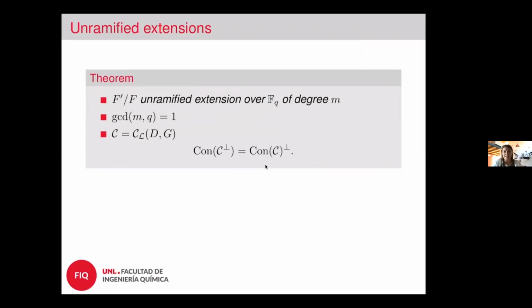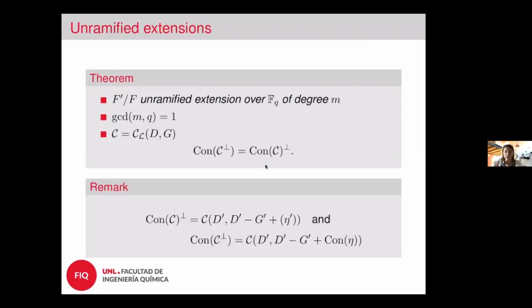Actually, we think that this could be true in a more general setting, because what we have to prove to have this equality is that the dual of the conorm code can be represented as this, with the divisor of a Weil differential here, and the conorm of the dual has this representation, where here I have the conorm divisor of the Weil differential.